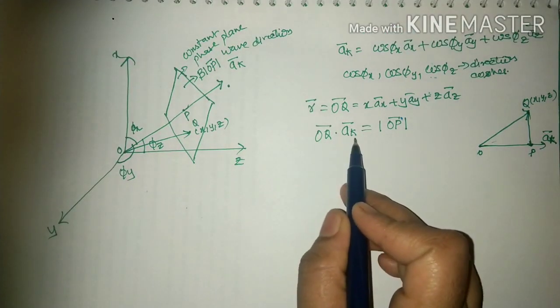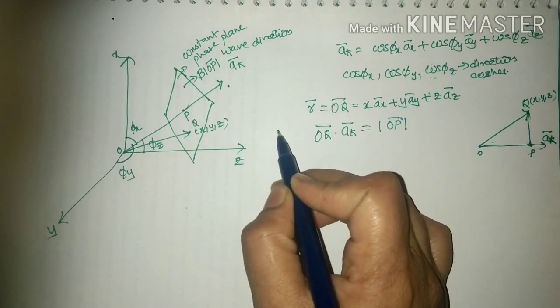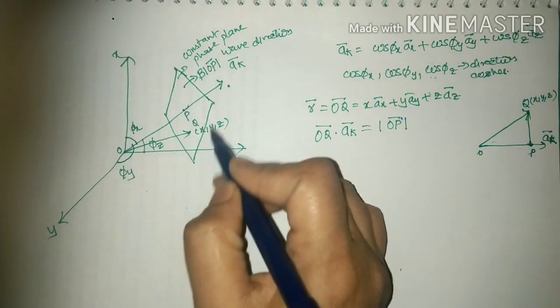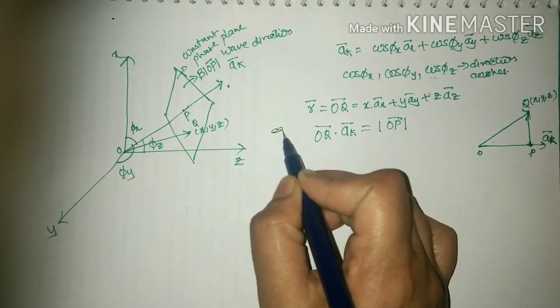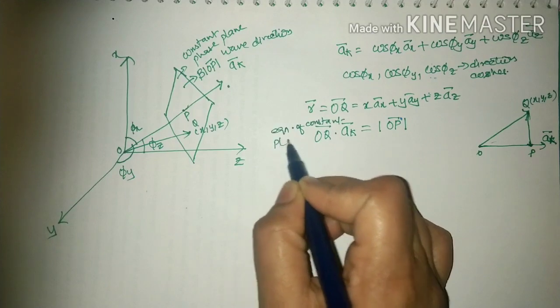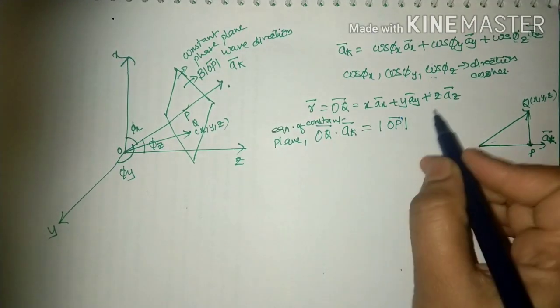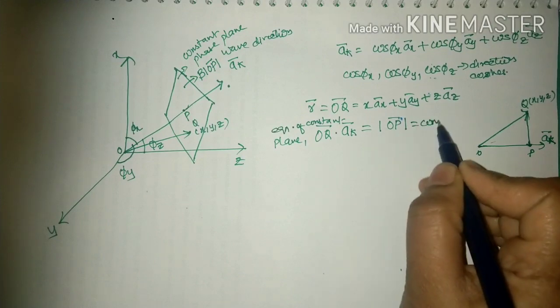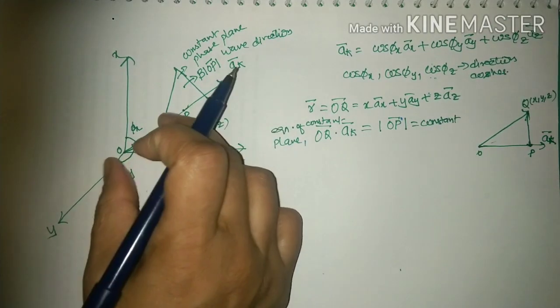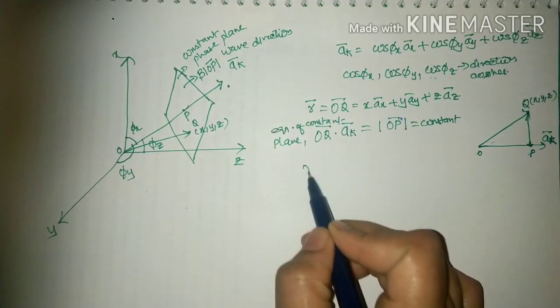So OQ bar dot AK bar is equal to mod OP bar is the equation of the constant plane. So the equation of the constant plane is nothing but OQ bar dot AK bar is equal to mod OP bar. Mod OP bar is a constant. But OQ bar you have considered to be R bar.